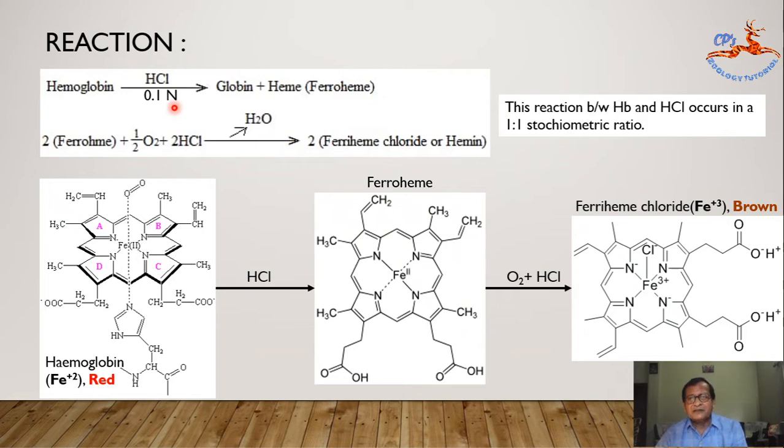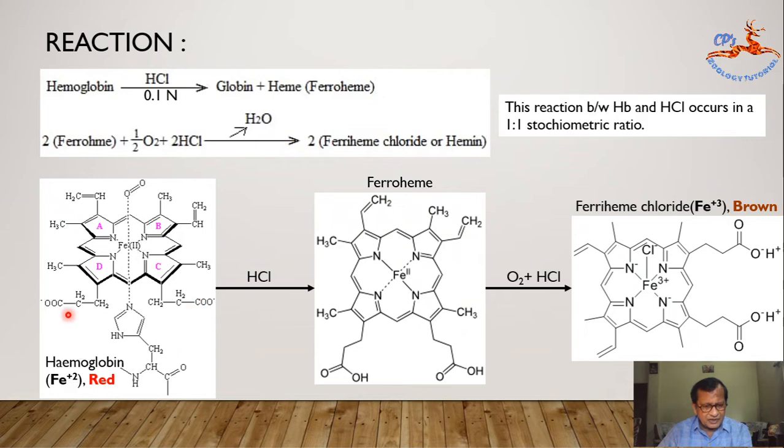Our target is to hemolyze the RBC to release the heme molecules from the cell sap. Hydrochloric acid does this function. Hydrochloric acid dissociates the heme part and the globin part.